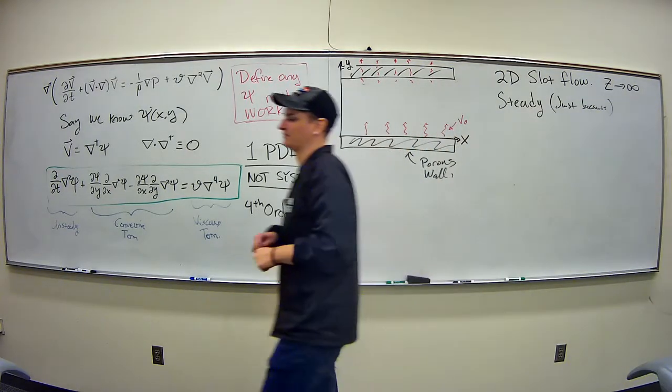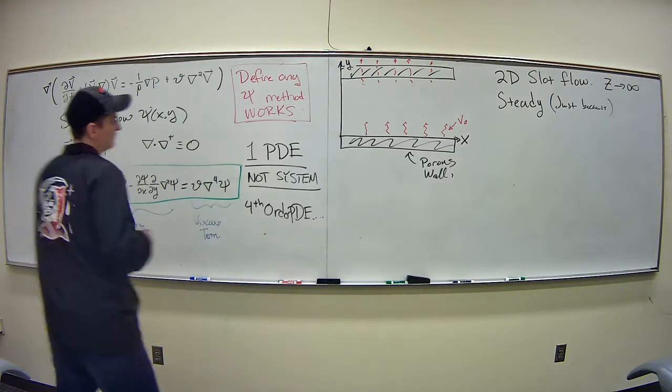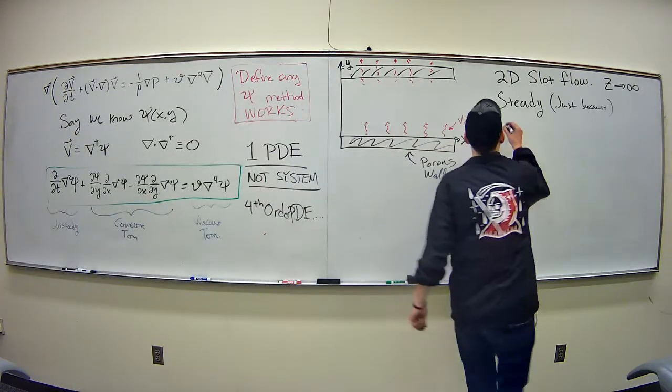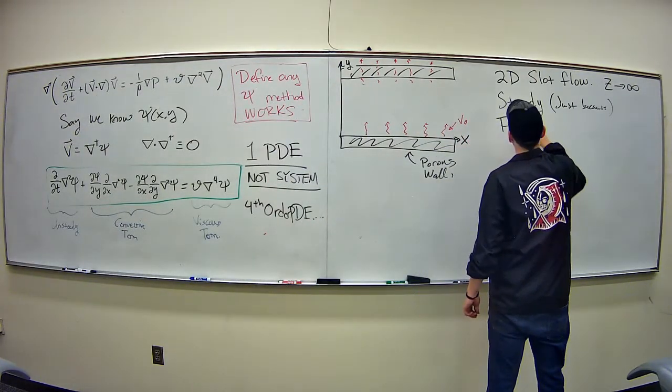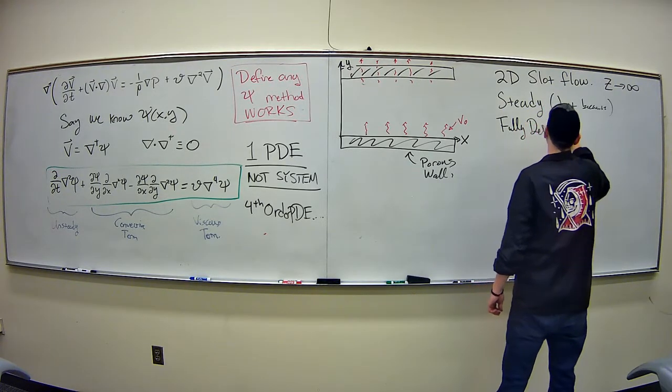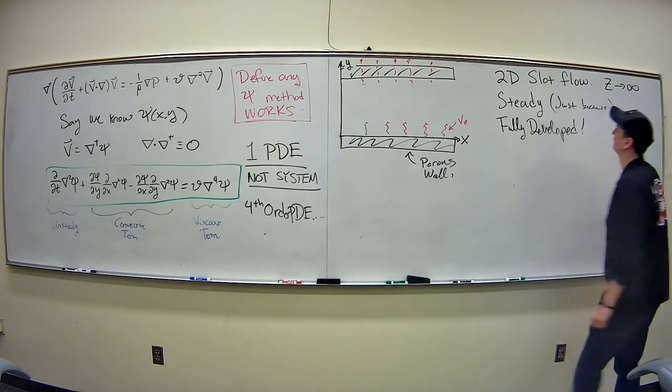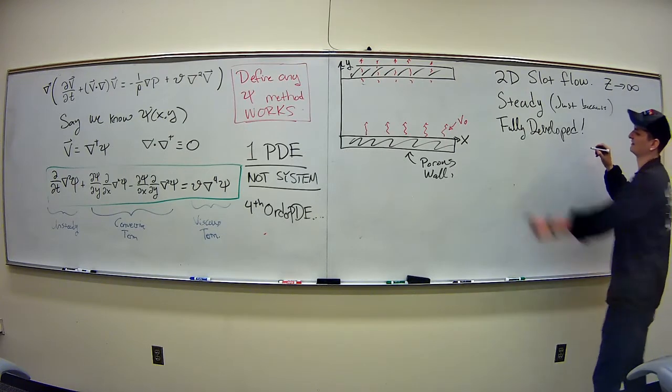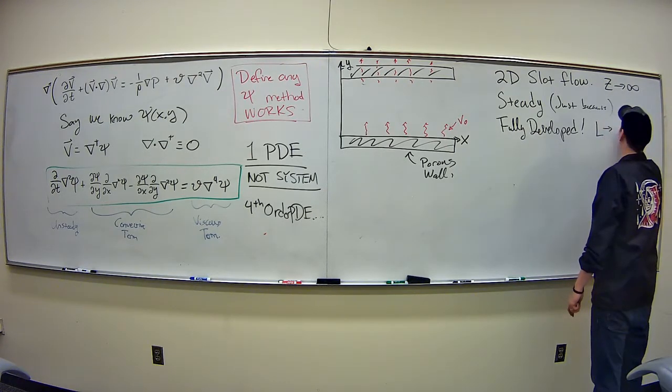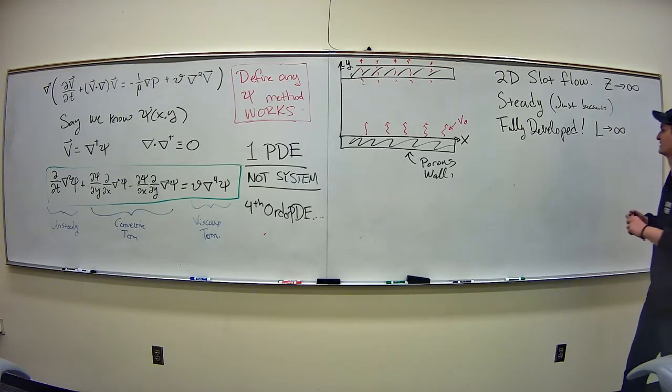What other assumptions were important for the 2D slot flow? Well, the other one was being fully developed. Fully developed meaning, if this is the x direction, you could have that going to infinity.